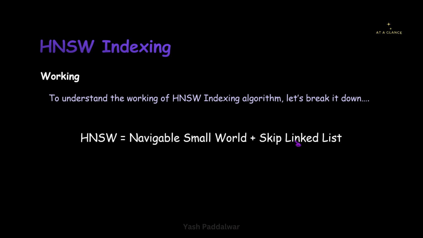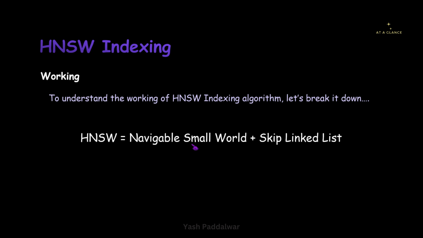And the second thing that contributes to the creation of HNSW is the skipped linked list. In short, these two concepts, navigable small world and skipped linked list, make it possible to create an efficient data structure like HNSW, which can further be used as an indexing technique in vector DBs.